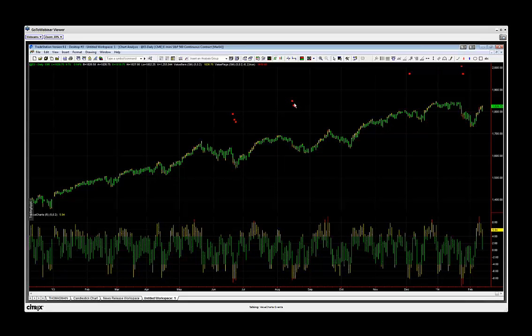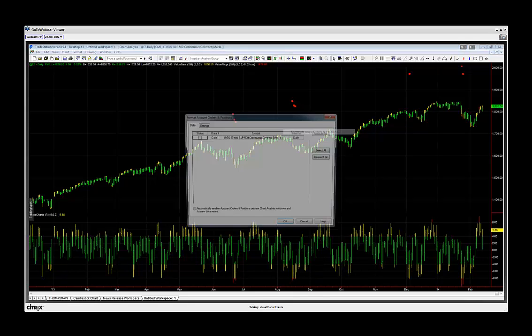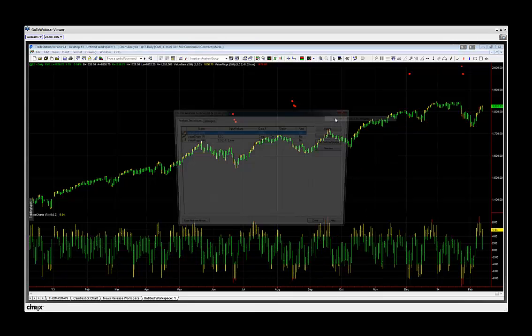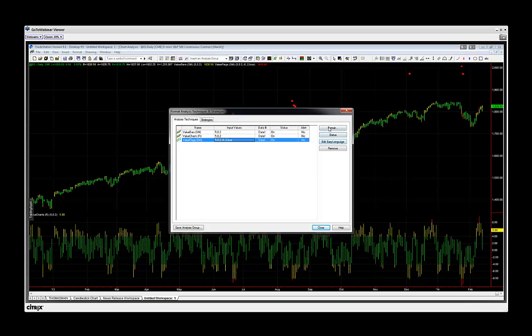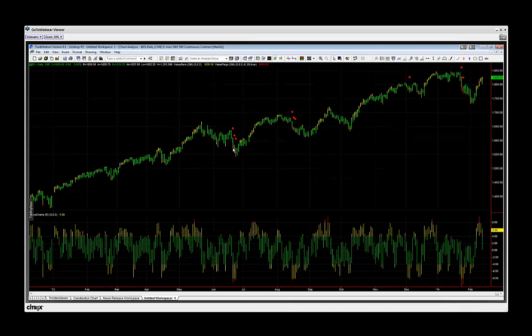Okay, so you can see each time one of these dots, let's actually make these dots come a little bit closer. Every time it gets significantly undervalued, it's going to place a dot above it.